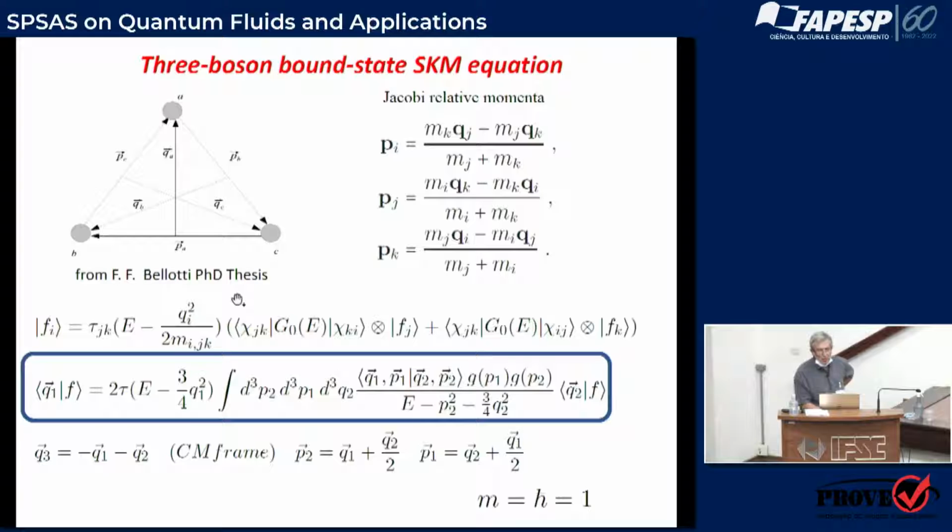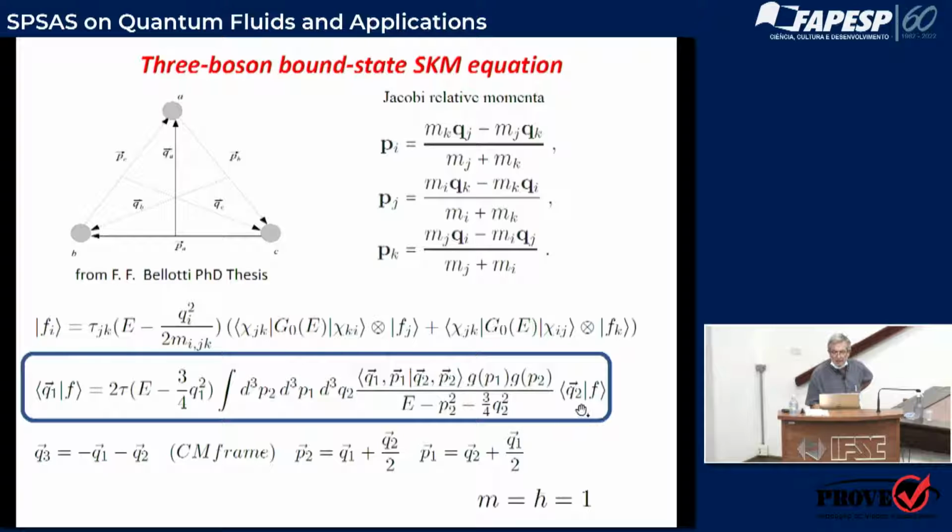Now, for three bosons, of course, this amplitude and this amplitude, as well as these kernels, are identical, unless for the transformation of the Jacobi momentum. So this guy is the same, because for this particle it doesn't matter if you look at J or at K, then you have a factor of 2, because of two identical bosons, or three identical bosons, and then the same function that comes here enters here.